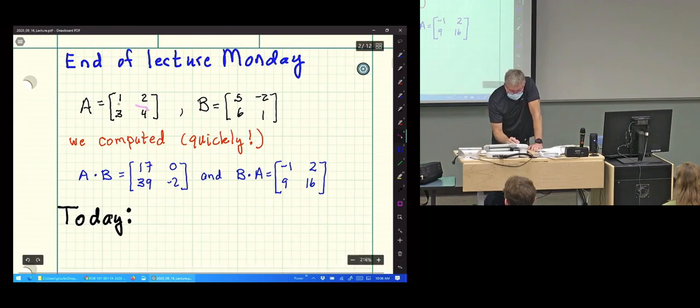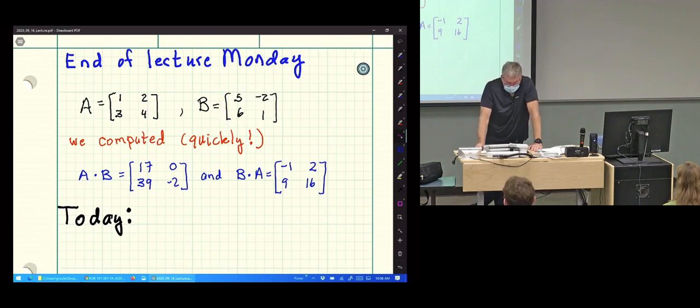We need to take the second row of A times the first column of B. So then 3 times 5 is 15, and 4 times 6 is 24, and that adds up to 39. So that's how you get those entries, okay?